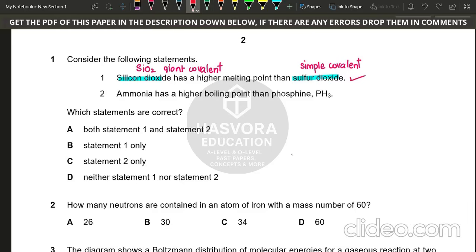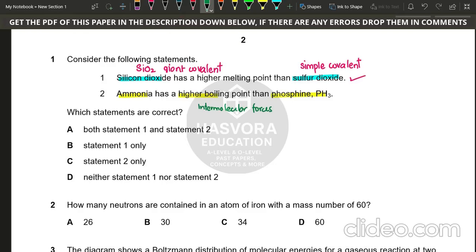Now the second statement is that ammonia has a higher boiling point than phosphine, which is PH3. Now this also states that ammonia has stronger bonds than phosphine. First of all, what bonds are included in ammonia and phosphine? Both have intermolecular forces of attraction. Now you have to see the degree of the intermolecular forces.